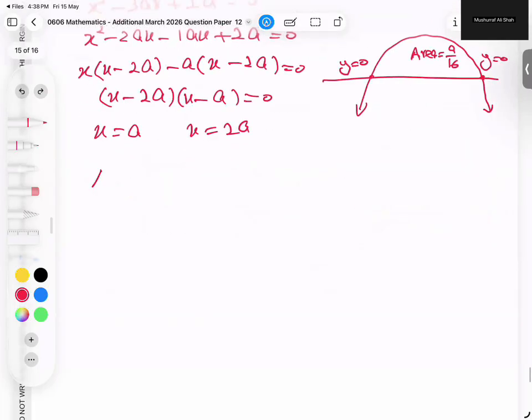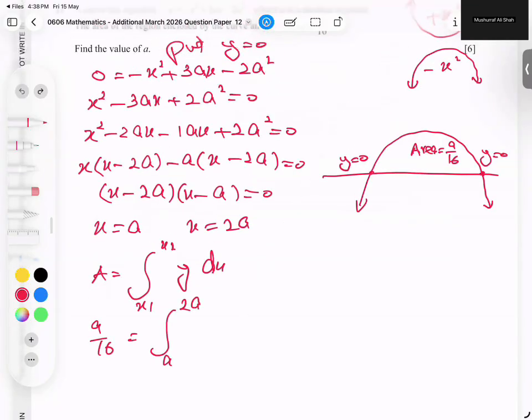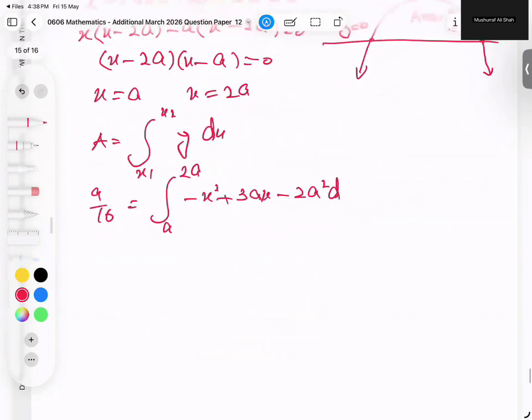So we are going to integrate the area. What is the formula? Integral from X1 to X2 of y dx. The area we know is 9/16. Lower limit is a, upper limit is 2a. The equation of the curve I'm going to copy as it is, and we can see clearly this is the equation of the curve. dx.